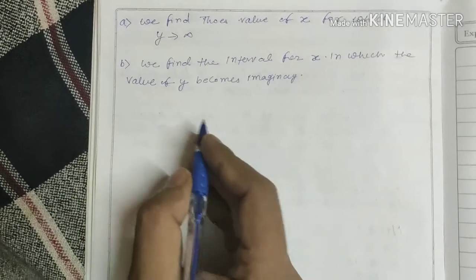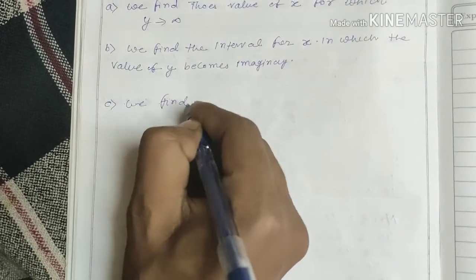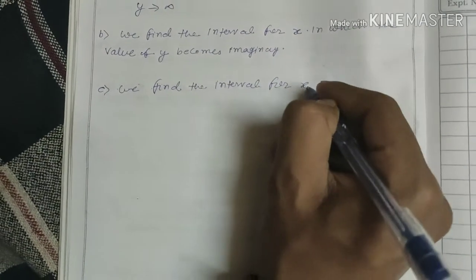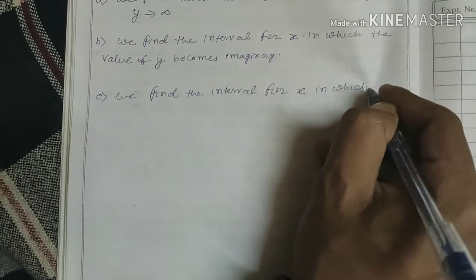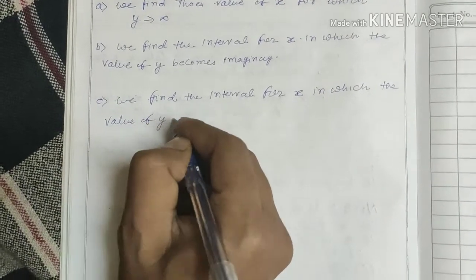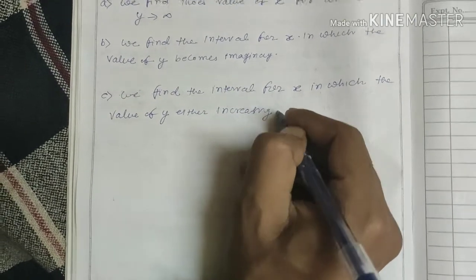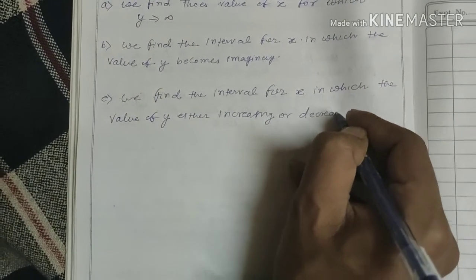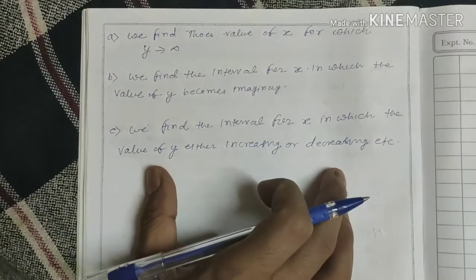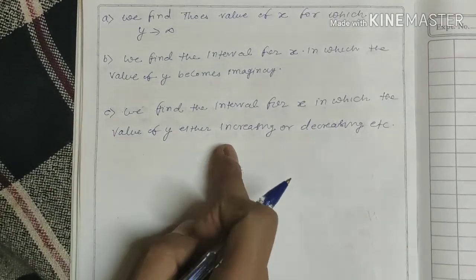The third point is that we find the interval for x in which the value of y is either increasing or decreasing, etc. So there are three points, and the third point is that we find the interval of x in which the value of y is either increasing or decreasing.